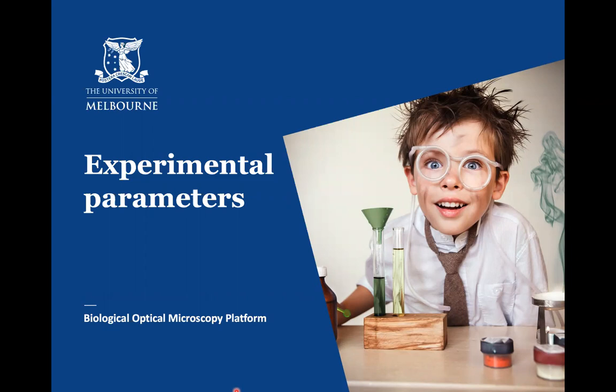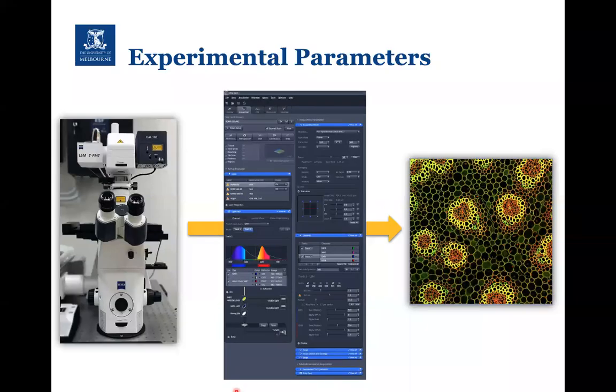The experimental parameters, as I mentioned at the start, are really about trying to teach you what's really important in setting up your experiments. Here at the facility, we spend a lot of time training people to use the microscopes to generate these nice, pretty pictures.